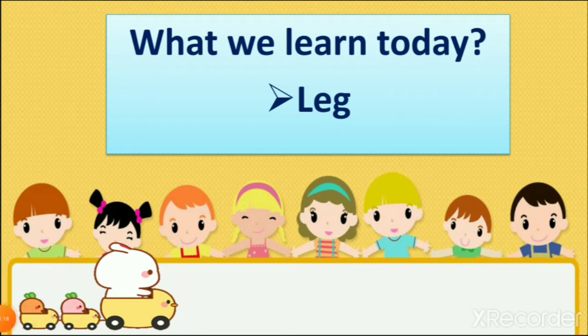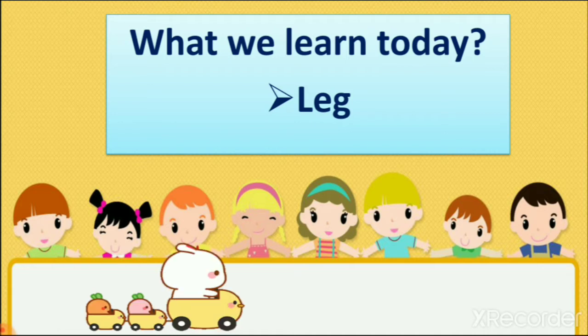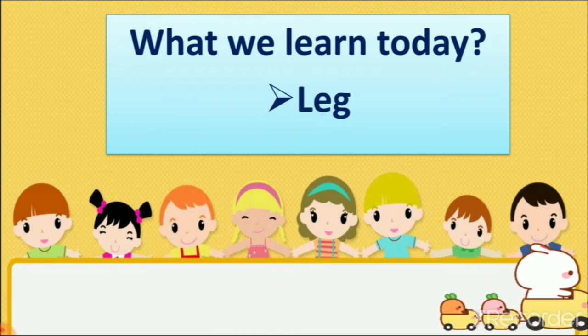So we learn about body and body parts. So today we learn about body part leg. Now we all know that we have two legs, right? So today we learn about this leg. So let's go and learn about leg.